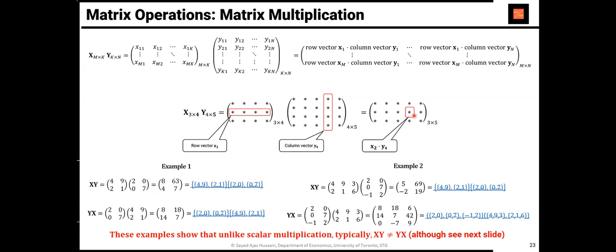That's how you get this. I strongly urge you to work out these examples using this inner product notation, so that you truly understand what's going on. I'll give you two examples that show that x times y need not be the same as y times x. Agree? Right.